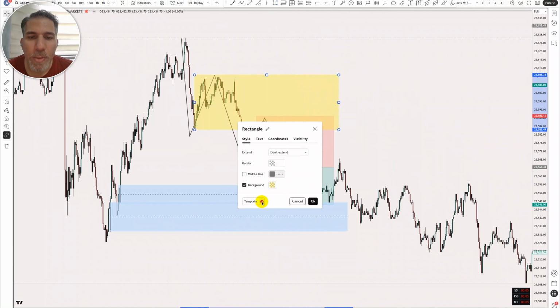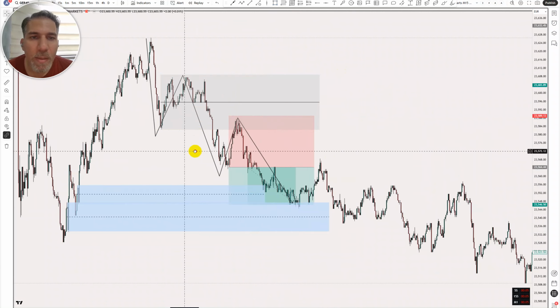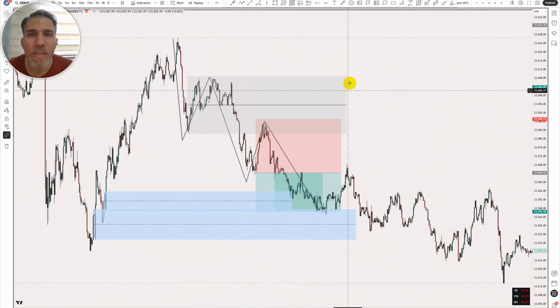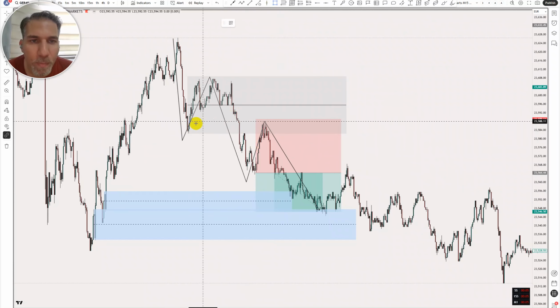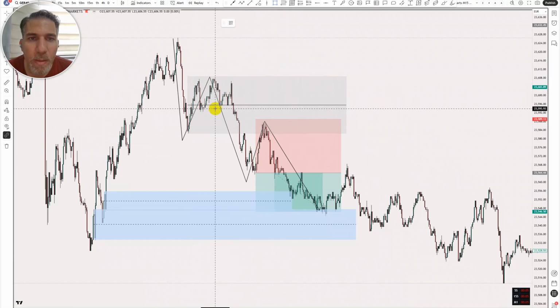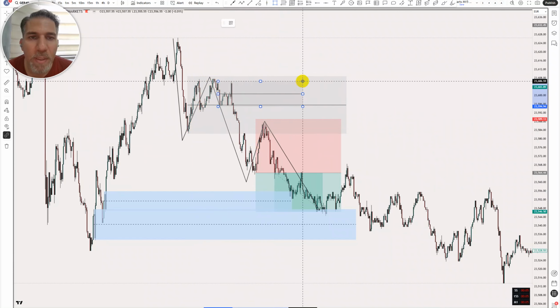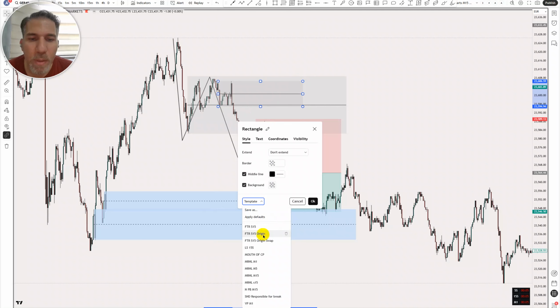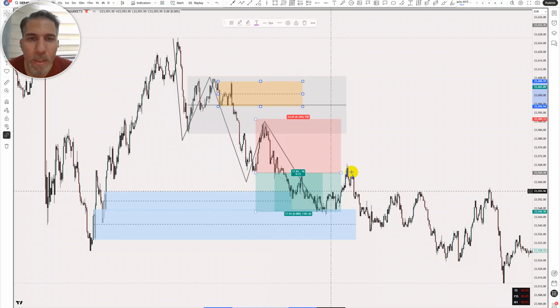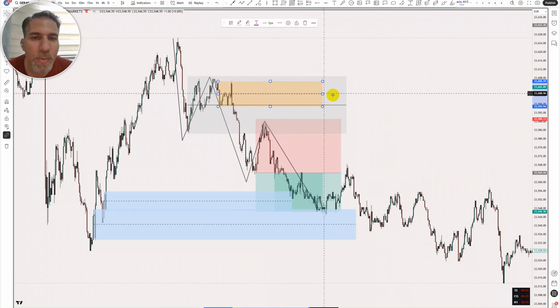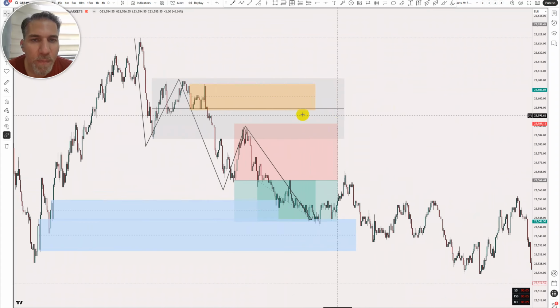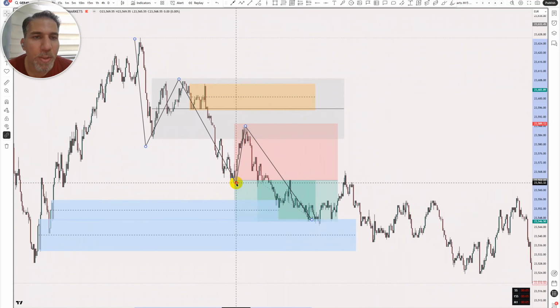I should have entered from this zone, retesting one of these areas. This is not a left shoulder, it came there. We could call this one an FTR. So I should have waited for this one, and if it doesn't come, I wouldn't enter.